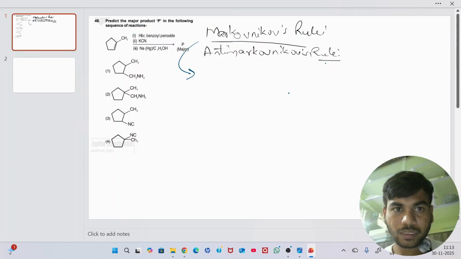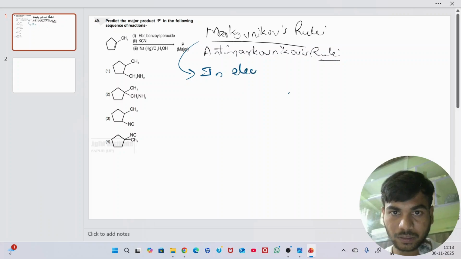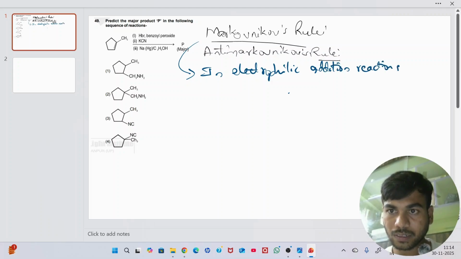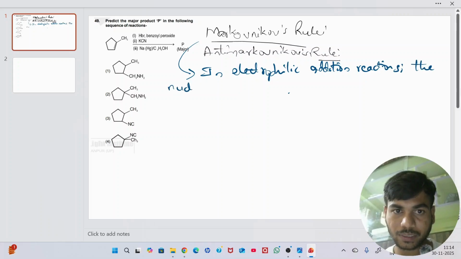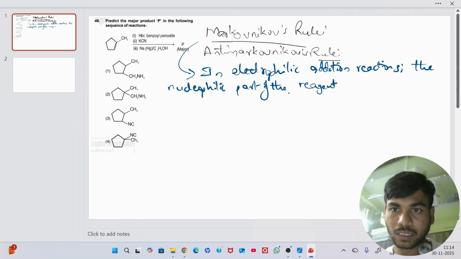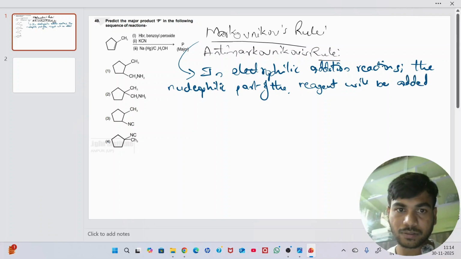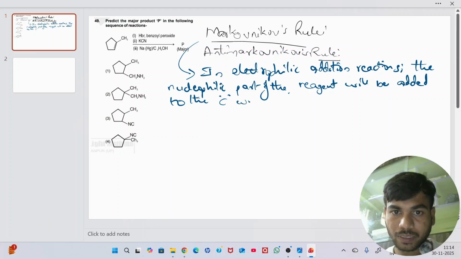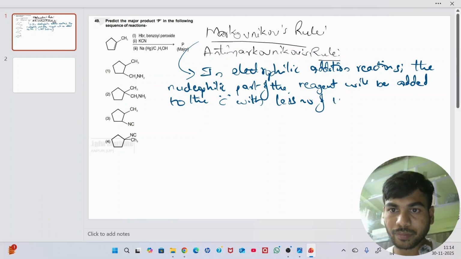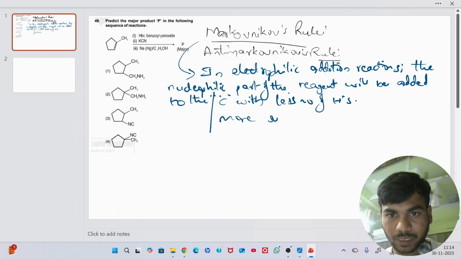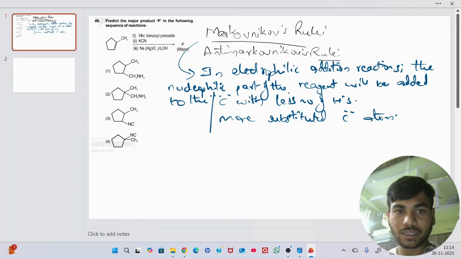In Markovnikov's rule, the statement would be something like this: in electrophilic addition reactions, the nucleophilic part of the reagent will be added to the carbon with less number of hydrogens, that is, to the more substituted carbon atom.